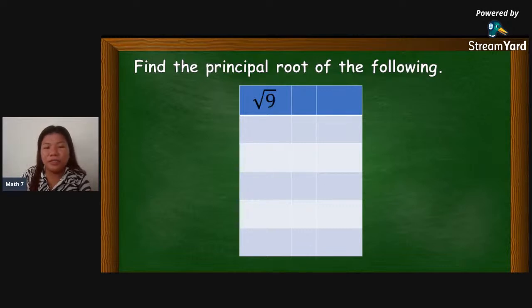Okay, for the first one, what is the principal root of square root of 9? Kung napanood nyo kahapon yung video ko ha, square root of 9, the correct answer is 3.